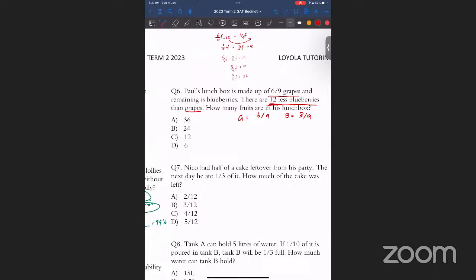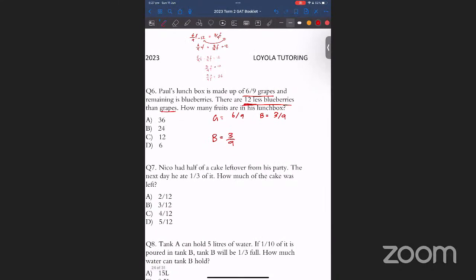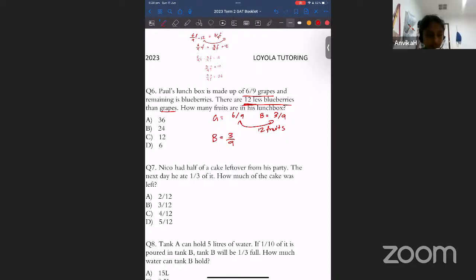Okay, so I'll show you a slightly easier way. Now, we know that blueberries is equal to 3 9ths, correct? And the difference between 6 9ths and 3 9ths is equal to 12 fruits. Do you guys understand? No, I don't understand.